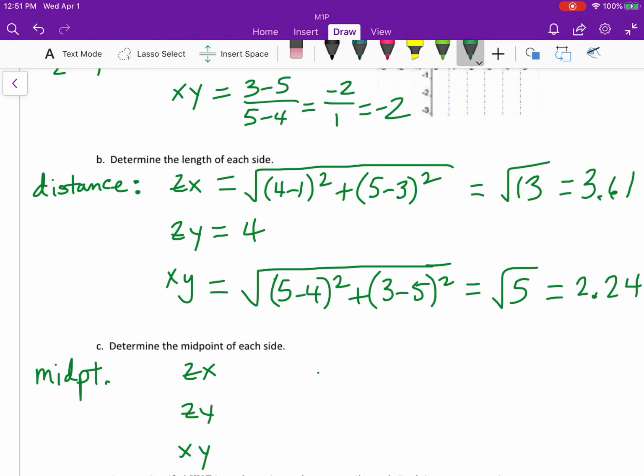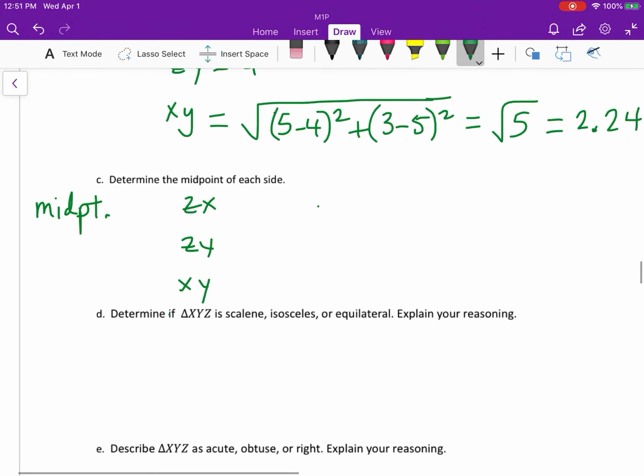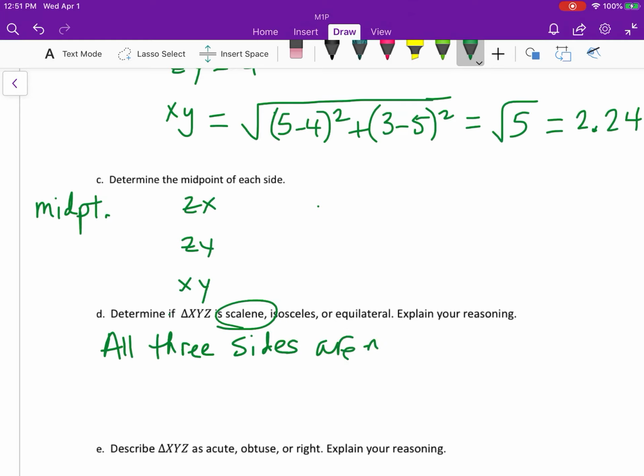Your triangle is scalene. Okay, and we actually just answered that. It's scalene. All 3 sides are not equal in the triangle.